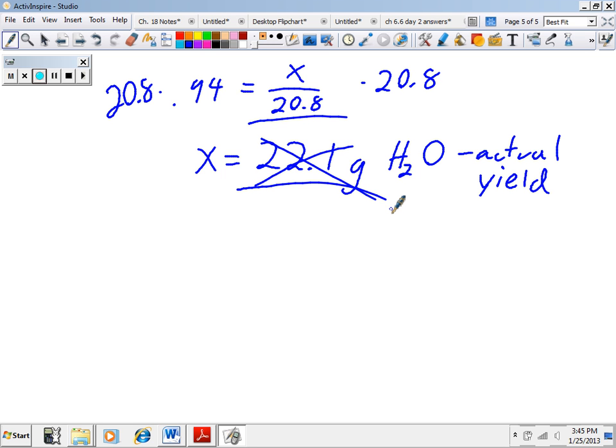So when we do the math right and we do 20.8 times 0.94, we actually get 19.6 grams of H2O. That is our actual yield, and that makes sense. Your actual yield should never be more than your theoretical yield. If it is, you violated the law of conservation of mass, and you're in big trouble with the chemistry gods.